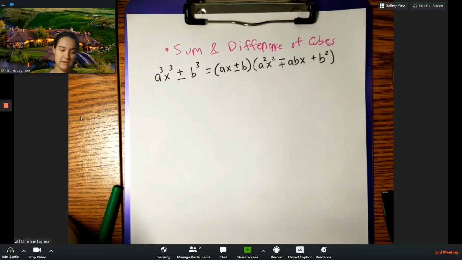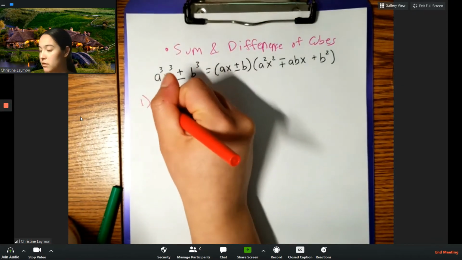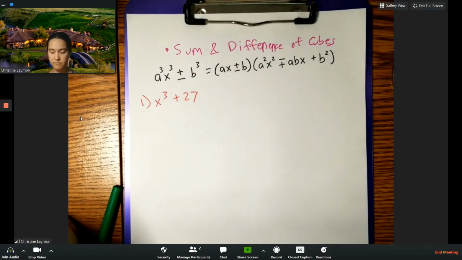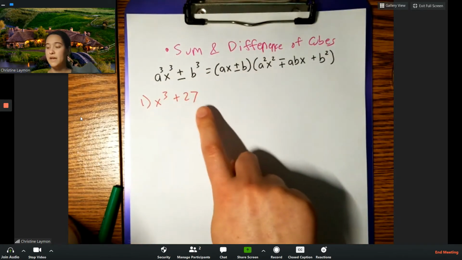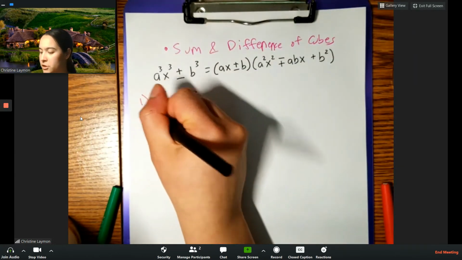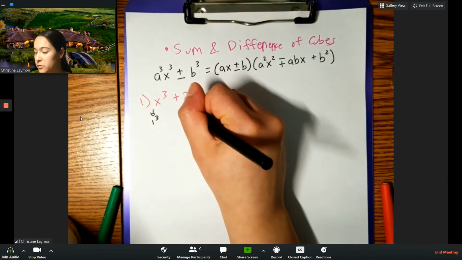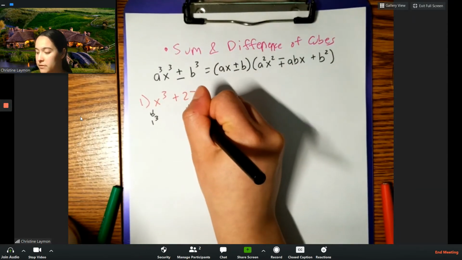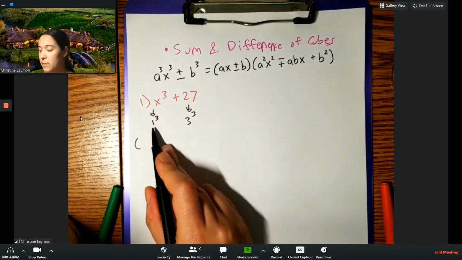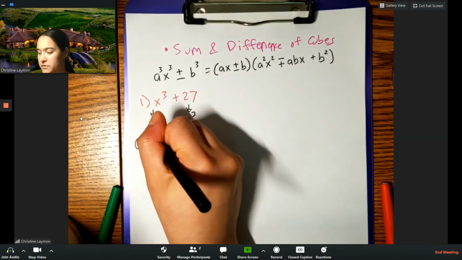So let me go and give an example of what I'm talking about here. Let's say I'm starting with x cubed plus 27. That's a perfect cube. That's a perfect cube. So in terms of this, this one is 1 cubed. This one is 3 cubed. So to set it up, I'm going to have 1x plus 3. So just x plus 3.